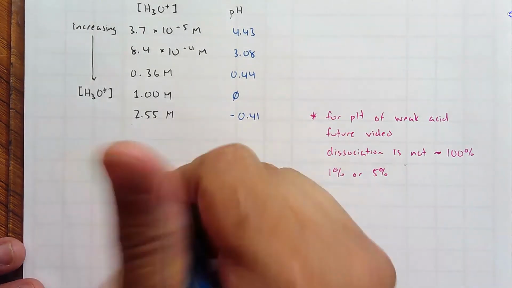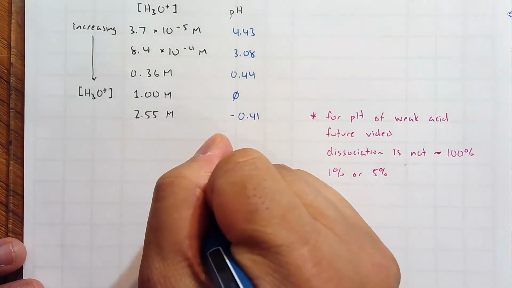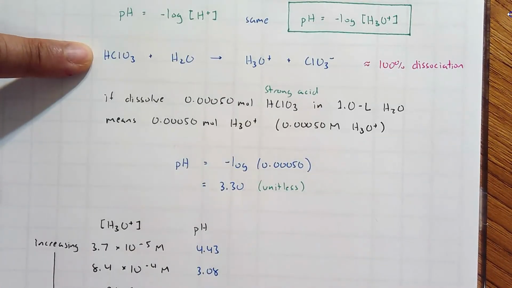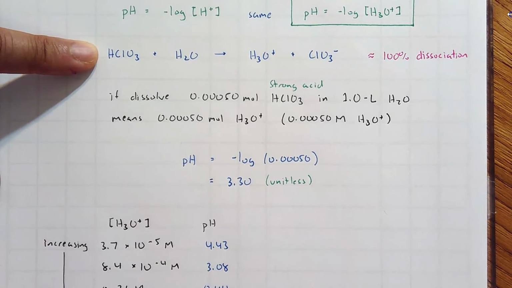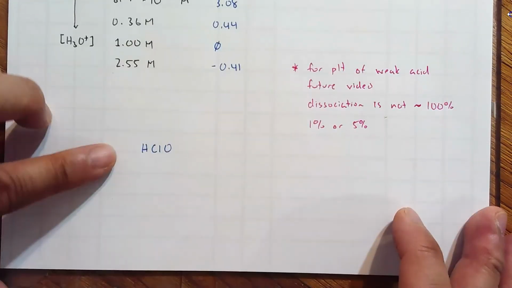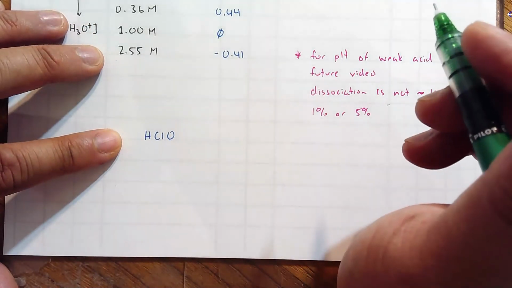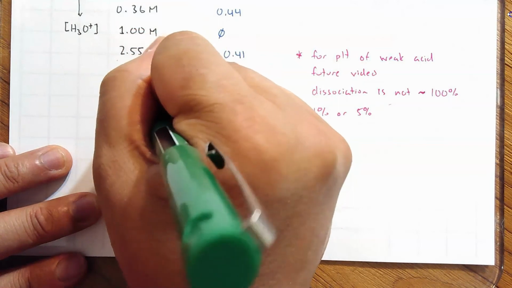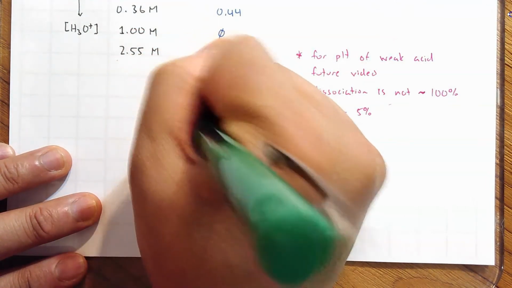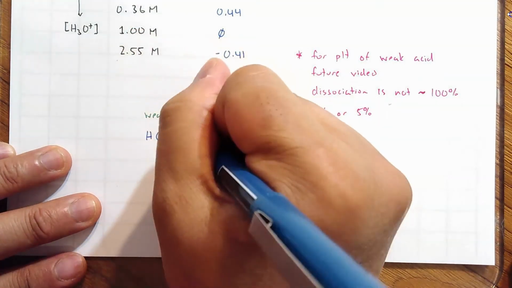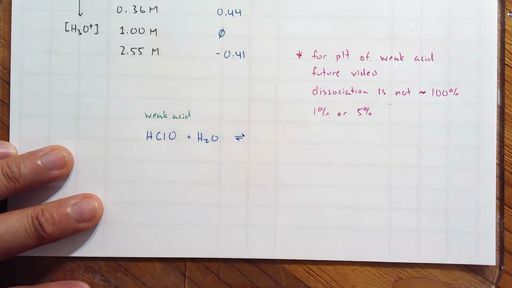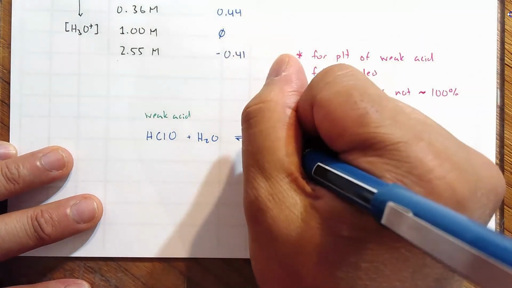Now, I'm going to use this example, HClO. Remember, HClO3, chloric acid, and HClO4, perchloric acid are strong acids. But this is what? This is hypochlorous acid. This is a weak acid. And the problem is, when I dissolve it in water, I will get an equilibrium because it's not 100% of the products.